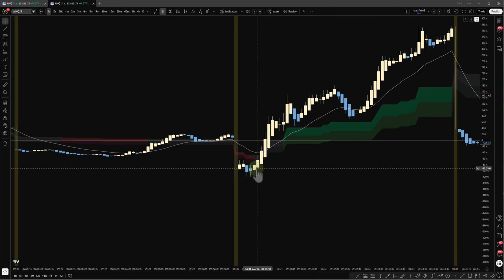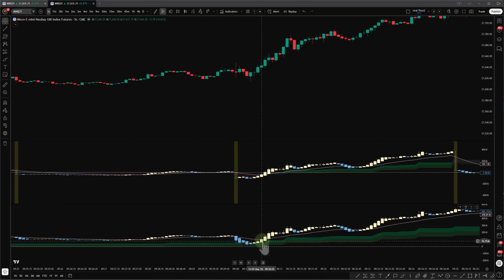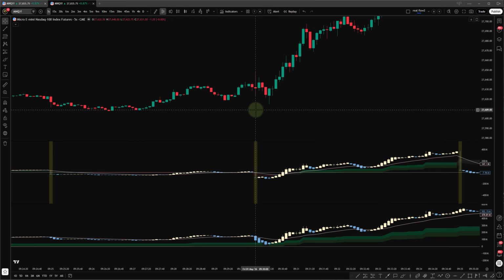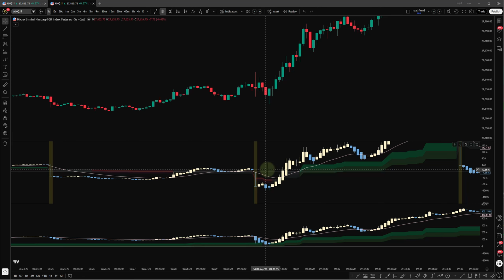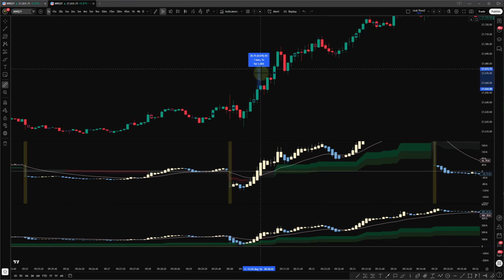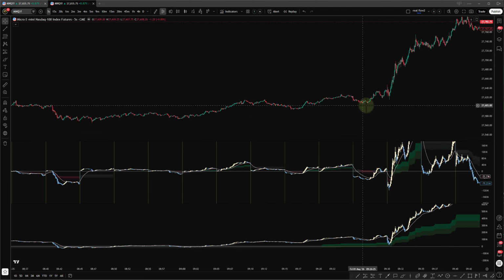When this breaks the zero line and is aligned with the higher time frame 4 hour zone, I enter the trade on this candle right here, and I go for 100 ticks. There's 500 bucks with one mini.